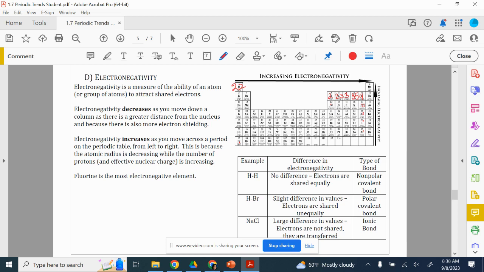If we look at those differences, then that will determine what type of bond. So you guys have learned about nonpolar bonds back in the day. We're going to cover it more. We're going to dust off more of those cobwebs in Unit 2. Okay? You will have these solid, but for right now, you just need to know that we're going to come back to those electronegativities, and those electronegativities then are going to determine what type of bonds we're dealing with. Okay?